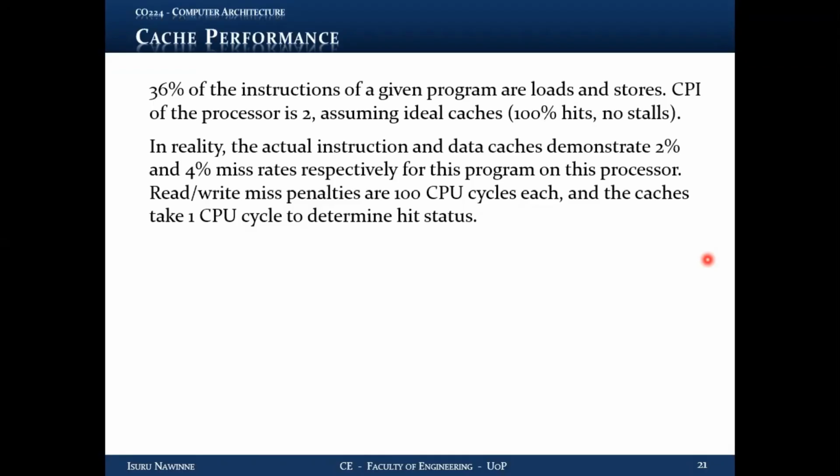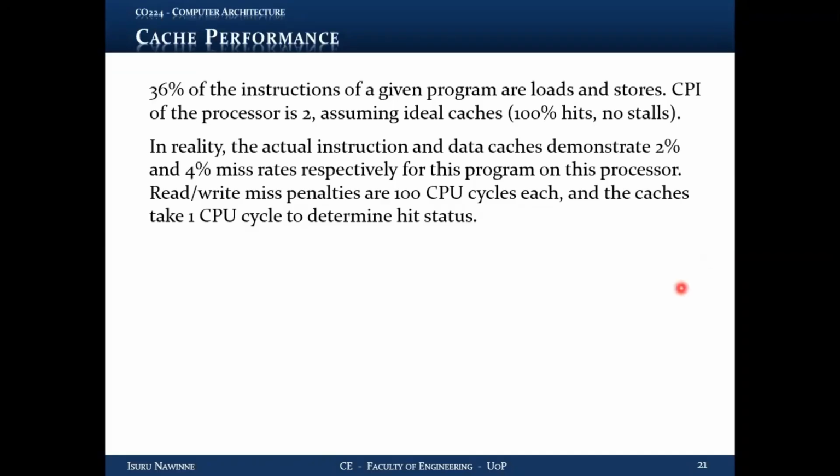Then the read and write miss penalties are 100 CPU cycles each. So for a read miss or write miss, the miss penalty is 100 CPU cycles. And these caches, instruction cache and data cache, take 1 CPU cycle to determine the hit status. That is the hit latency. Hit latency is 1 CPU cycle.